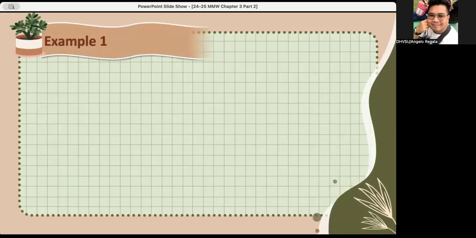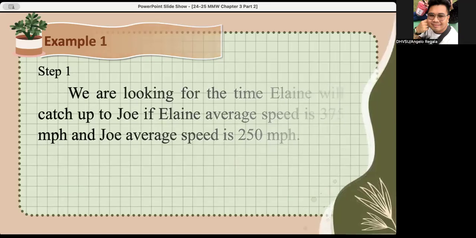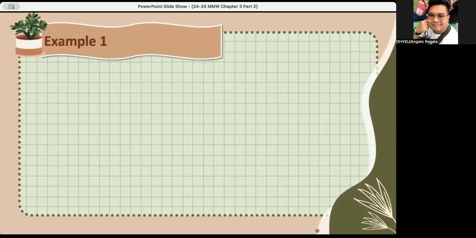No? So, we start with the starting point. Ito yung diagram natin.